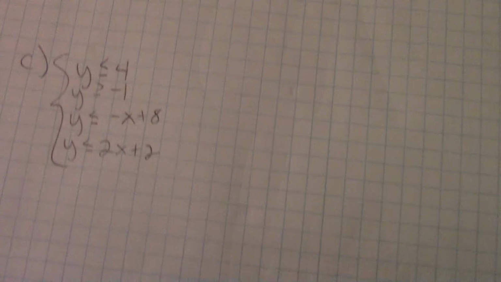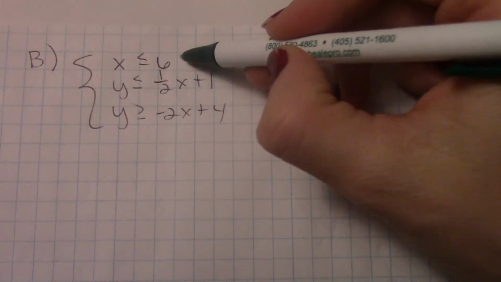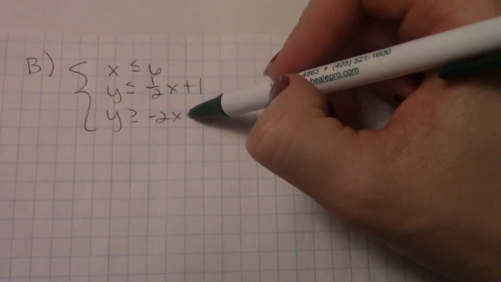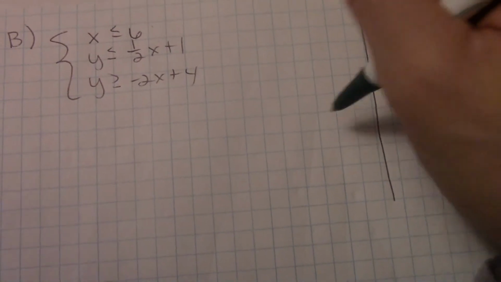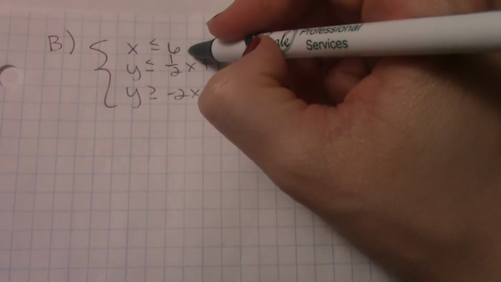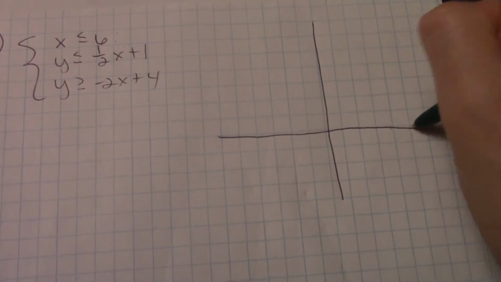Now, let's do B. It's got 3 sides here, so you should know what a 3-sided shape is. It should be a triangle, but let's go ahead and graph it anyways. So it says x is less than 6, so 1, 2, 3, 4, 5, 6.